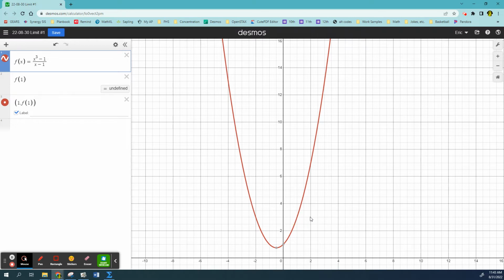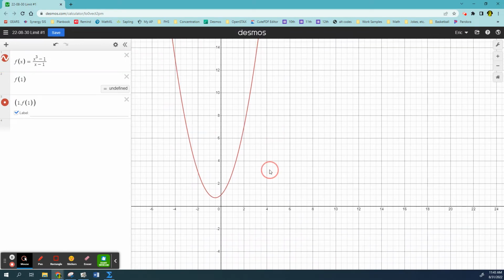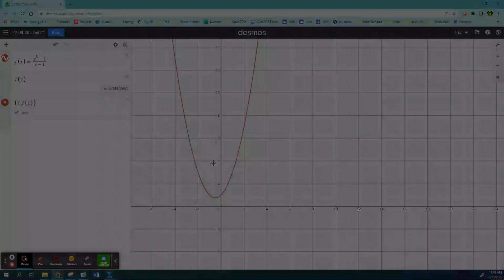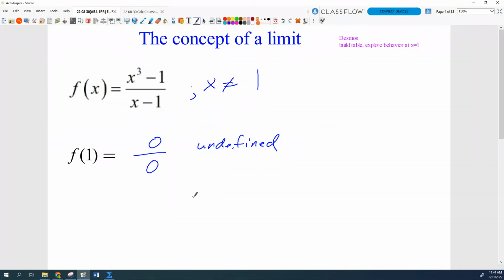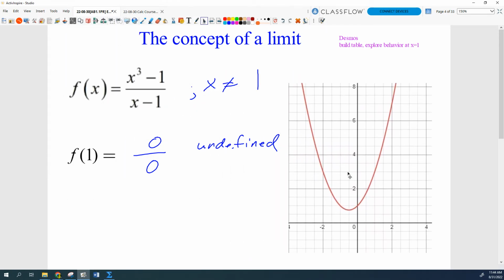Now, that's one of the disadvantages of a graphing utility, it doesn't show you holes, right? Let me take a picture of this. Like that. So there's my picture.